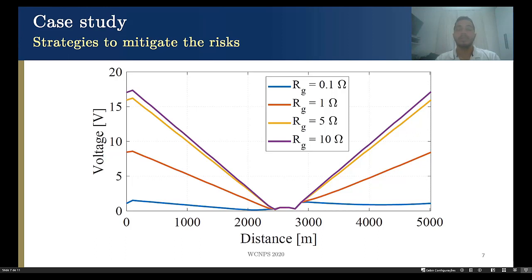And using a ground resistance of less than 1 ohm at the ends of the pipeline, the induced voltage meets the safety criteria established by NACE.